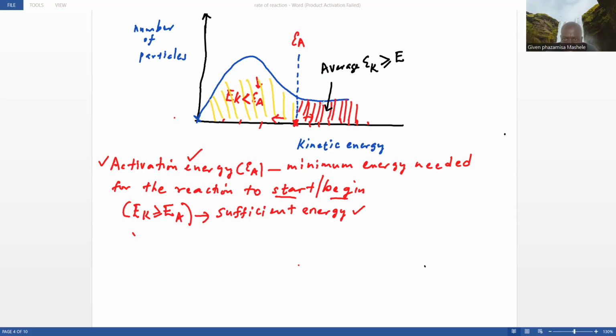And when the kinetic energy is above the activation energy, the particles here have sufficient energy, or enough energy, to collide. So this is the area where particles have enough or sufficient energy.